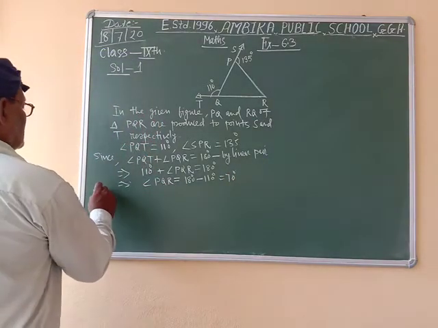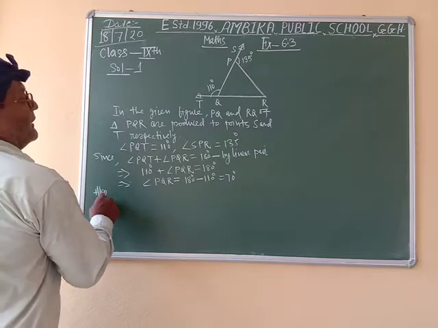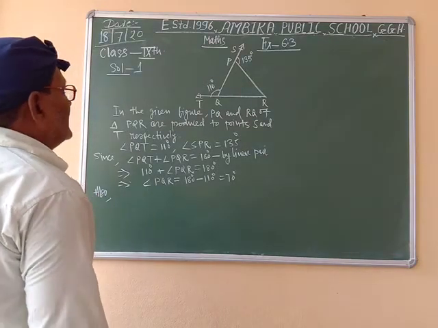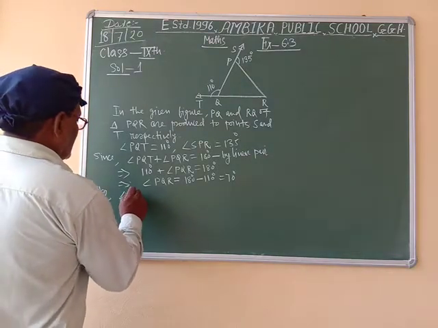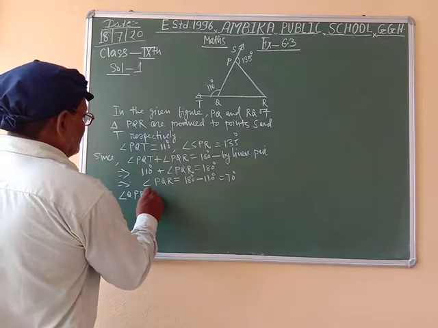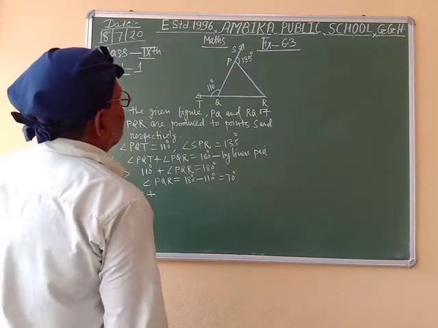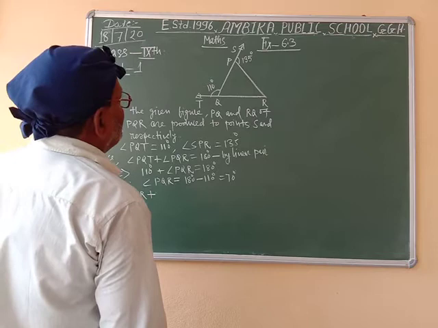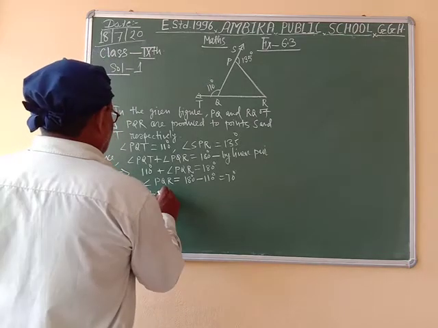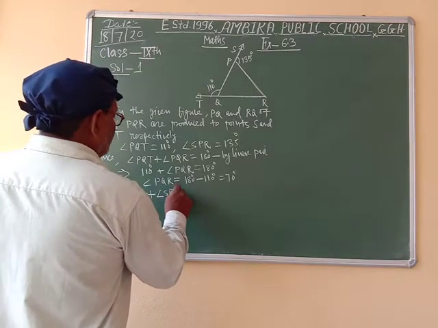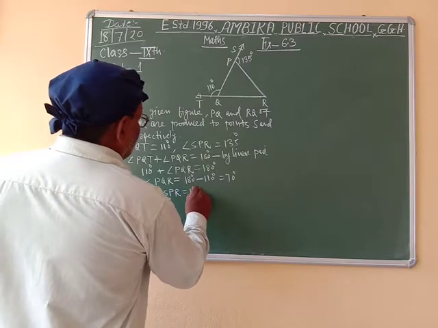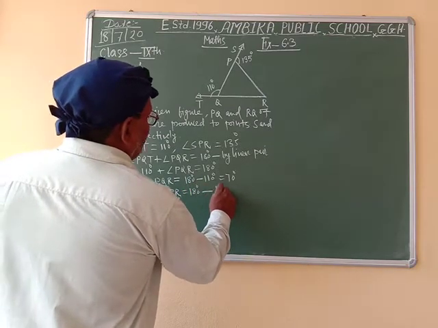Also, angle QPR plus angle SPR is equal to 180 degrees by linear pair.